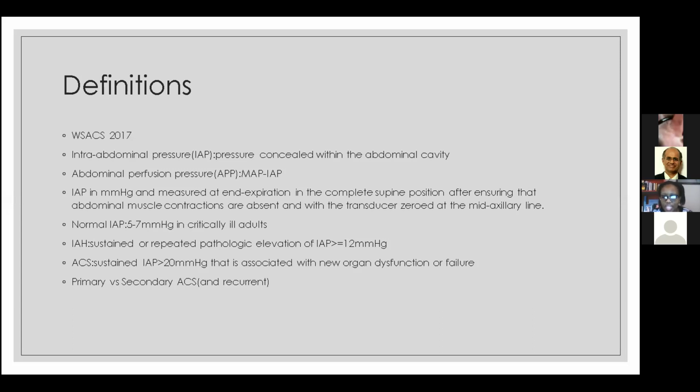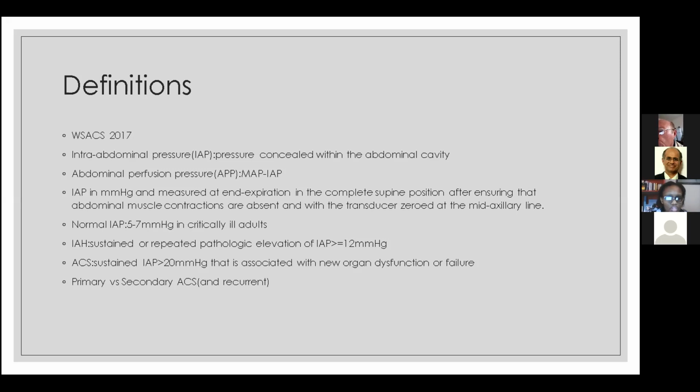That's something that has changed over the past couple of years, because previously we were taught that it's zeroed at the pubic symphysis. The normal intra-abdominal pressure is 5 to 7 in critically ill adults. I couldn't find a definition for children.